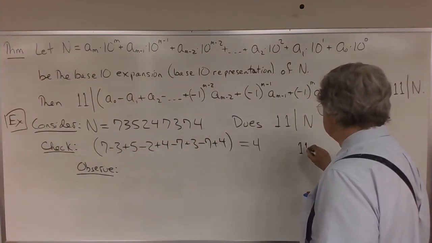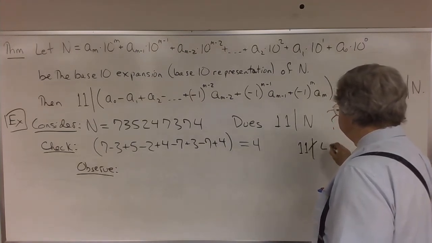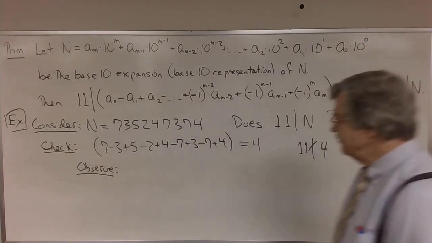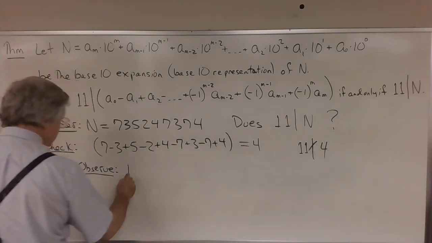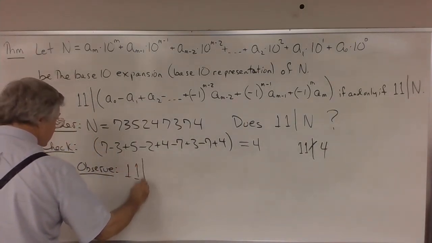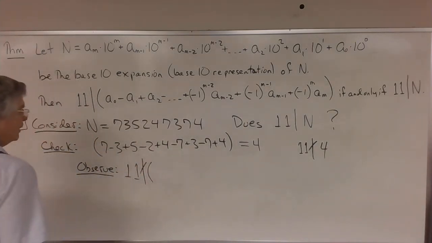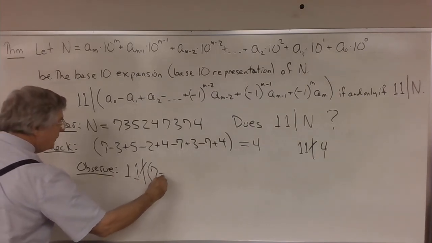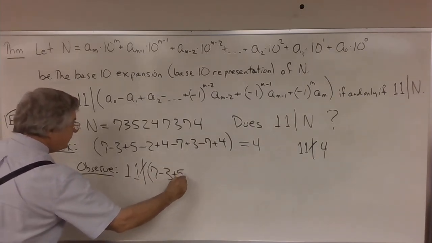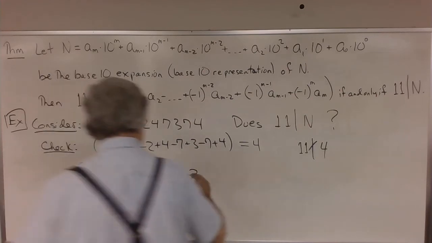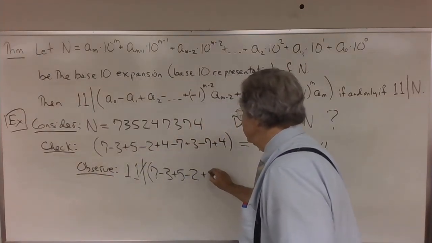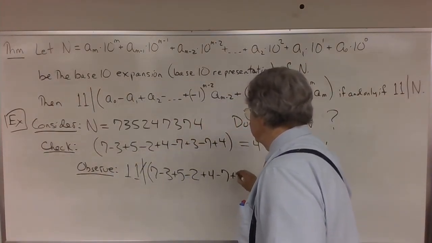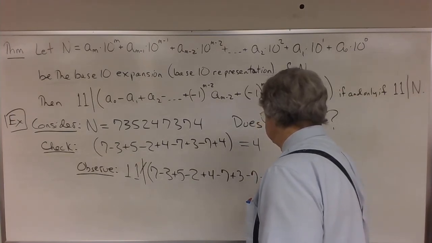Eleven does not divide 4. So 11 does not divide 7 minus 3 plus 5 minus 2 plus 4 minus 7 plus 3 minus 7 plus 4.